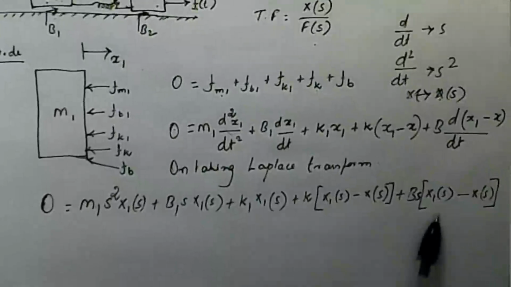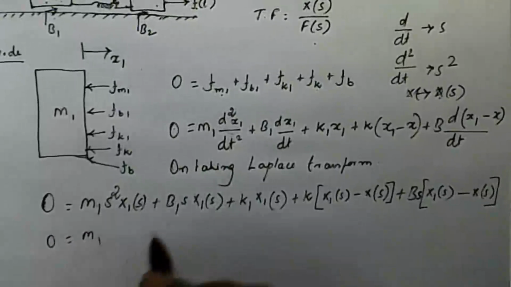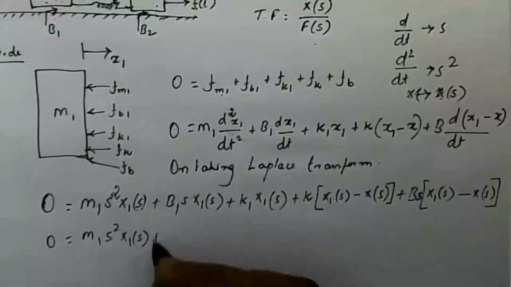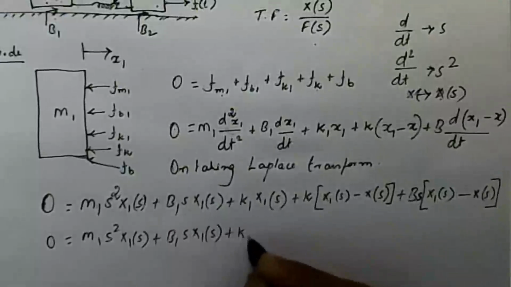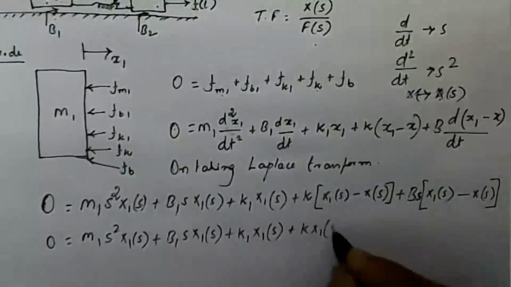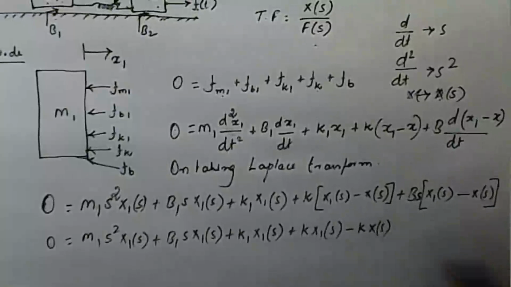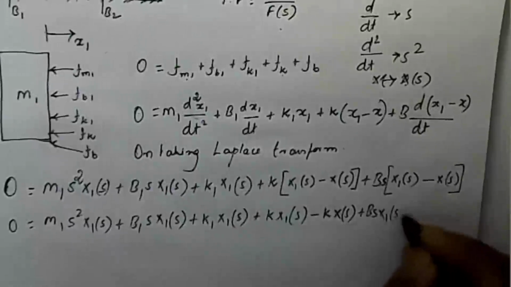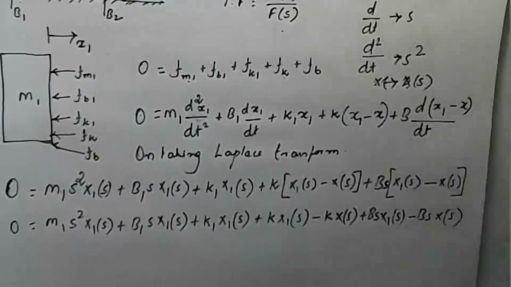Now multiply this term inside. 0 equals m1 s square x1 of s plus b1 s into x1 of s plus k1 x1 of s plus k into x1 of s minus k into x of s plus bs into x1 of s minus bs into x of s.